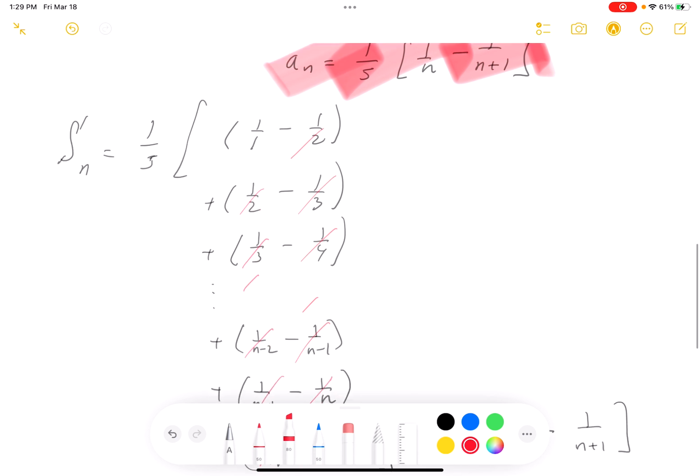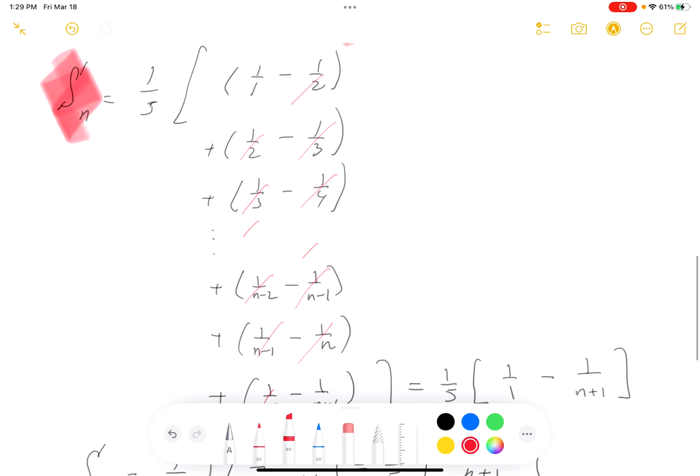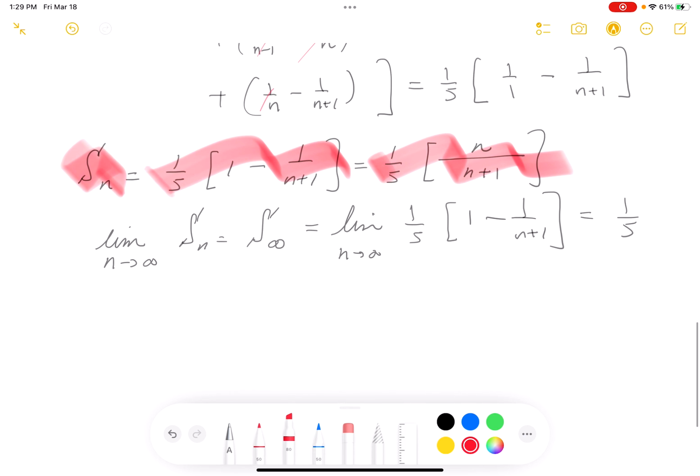Did I get Sn? And by the way, this is Sn. Let's see what they got written down. Yeah, they got them both written down. They got this one written down, and they have this one written down. All right, this is good. Did I get S infinity? 1/5. I'm doing okay. This is good news. Thank you.